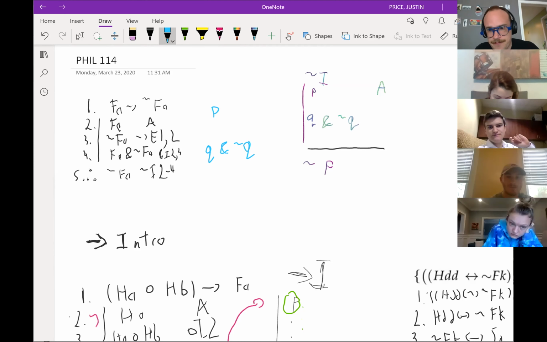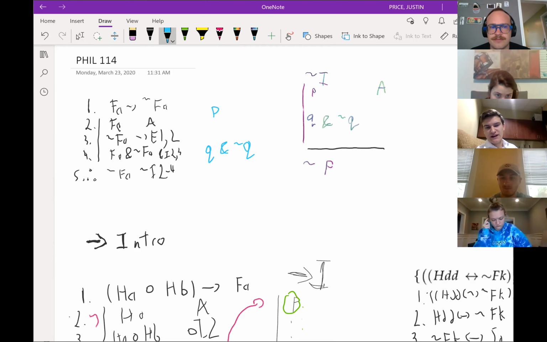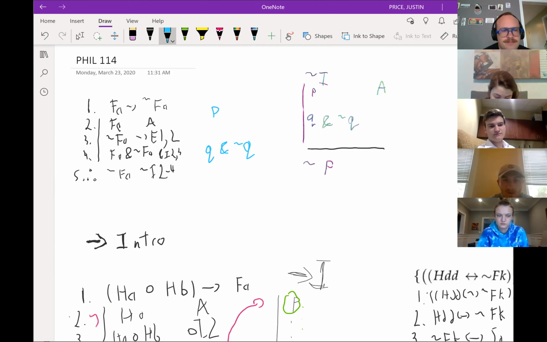I have a question. Yes, James. So is Q just FA, not negation FA? So the negation doesn't transfer over, so Q and P are both just FA. Mm-hmm. Okay, that makes sense. When you're citing things from the assumptions, do you always have to cite every line of the assumption?